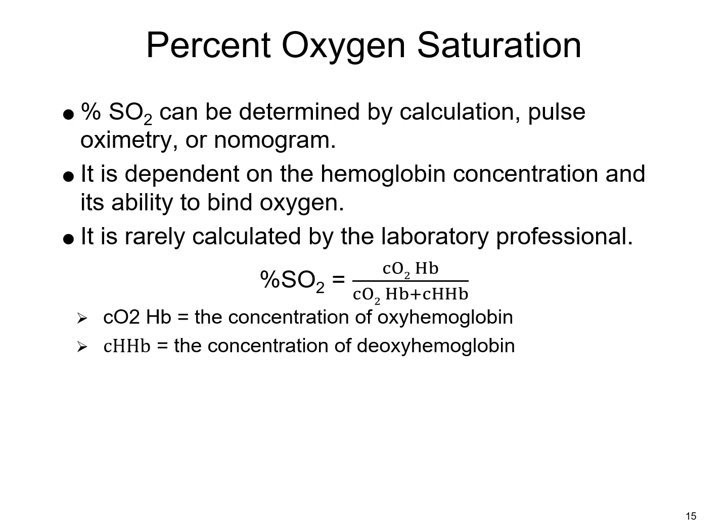The percent oxygen saturation is rarely calculated by laboratory professionals, but if you do need to do a calculation for whatever reason, then that calculation is listed here. You have the percent saturation over the O2 per hemoglobin.